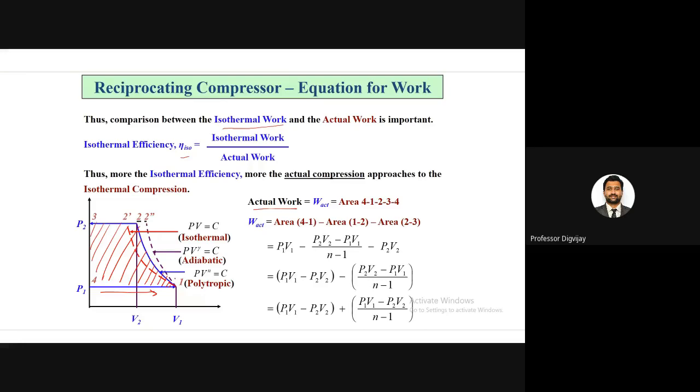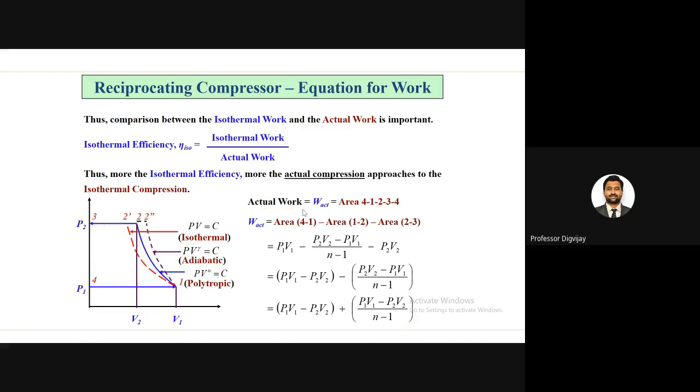Just now I have told you how to calculate this area. This will be equal to area 4 to 1 minus area 1 to 2 minus area 2 to 3. This is the area under the compression curve. This is the area under the rectangle 2 to 3. And this is minus the area under rectangle 4 to 1.